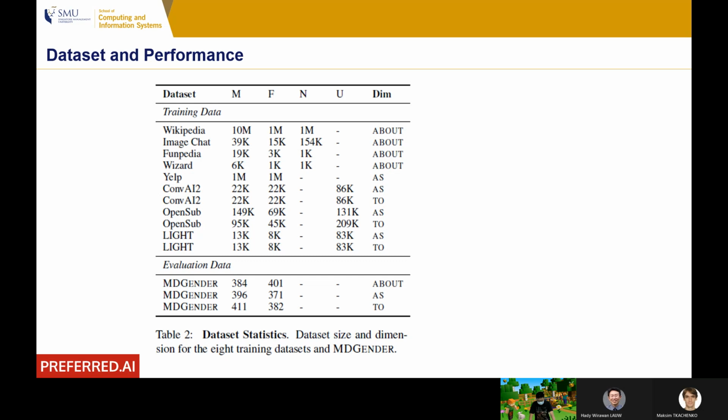And then ConvAI2 opens up, and I think those are data sets that contain conversational data. So they would contain both S and two dimensions for the data. If you have people having conversations, then you have data about both speaking as someone and speaking to someone. And they have proposed an evaluation data set, MDGender, which we will be talking about.